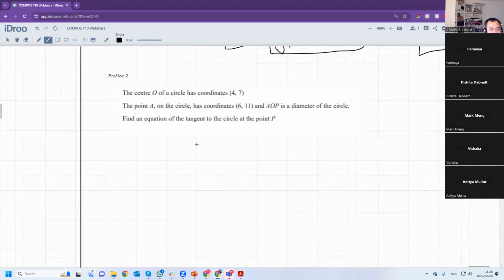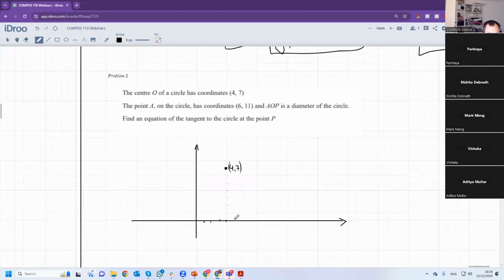Okay, so we have a circle, and the center of the circle has coordinates 4, 7. I'm using the grid: 1, 2, 3, 4 and 1, 2, 3, 4, 5, 6, 7. Point A on the circle has coordinates 6, 11, so 6, and 5, 6, 7, 8, 9, 10, 11.